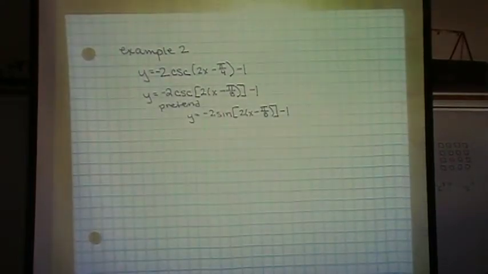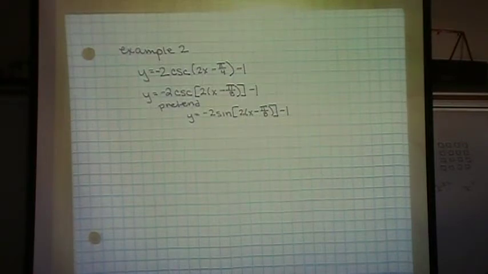The reason we're doing it is because the only difference between the cosecant graph and the sine graph is that the value is the reciprocal. The angle stays the same, it's just that the y value is going to flip over. And rather than trying to remember to flip every single y, we have a little trick that we're going to use.